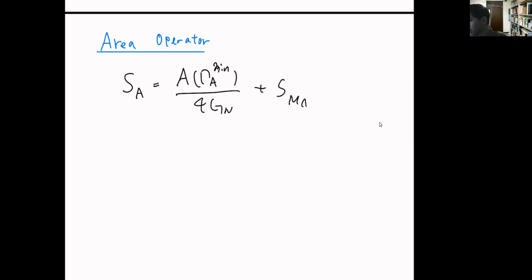This is the holographic entanglement entropy, and this is CFT entanglement, which comes from the CFT reduced density matrix. Here we introduce H_A: we write rho_A equal to exponential of minus H_A, and this H_A is called the modular Hamiltonian.